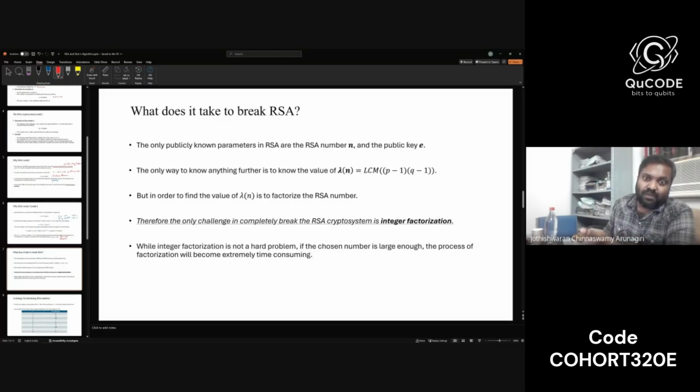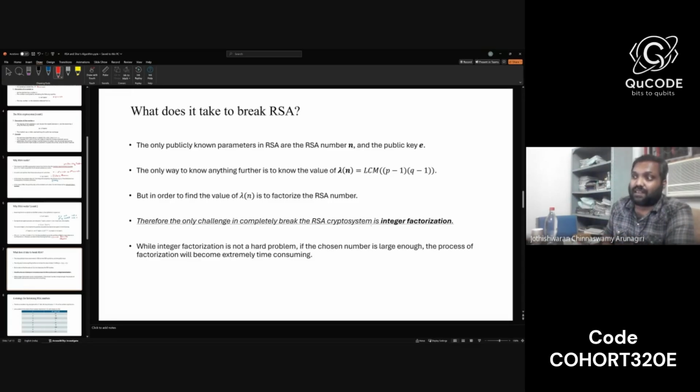Once d is known, anybody can take the ciphertext and extract the message out of it. But lambda of n is defined as the LCM of p minus 1 and q minus 1. So in order to find lambda of n, I need to find out what p and q are. So the challenge to break RSA is to factorize the integer, the RSA number. The only challenge in completely breaking the RSA crypto system is integer factorization.